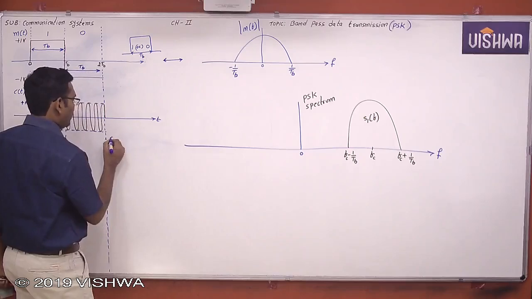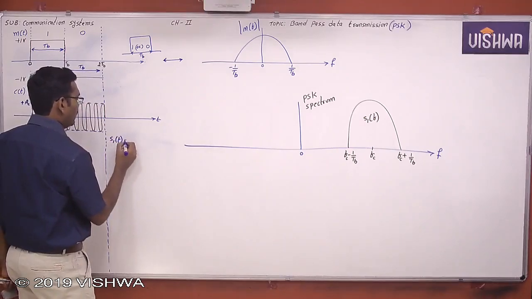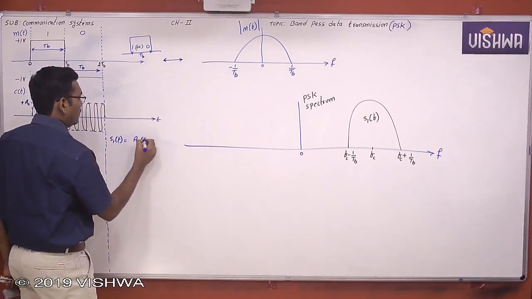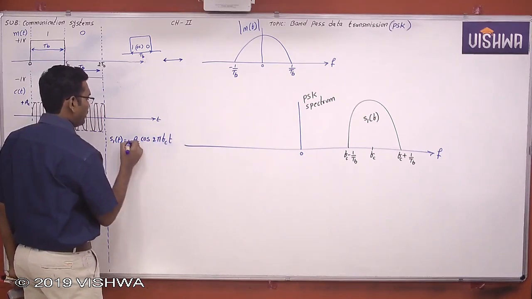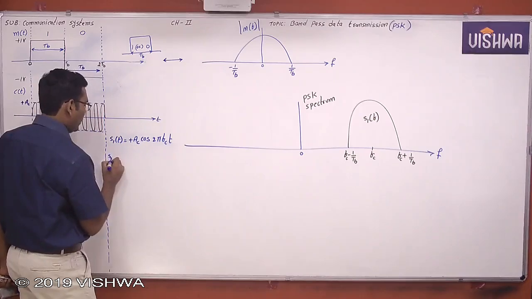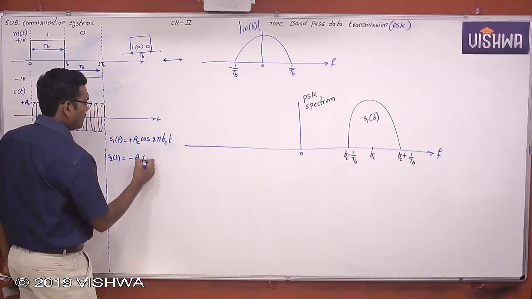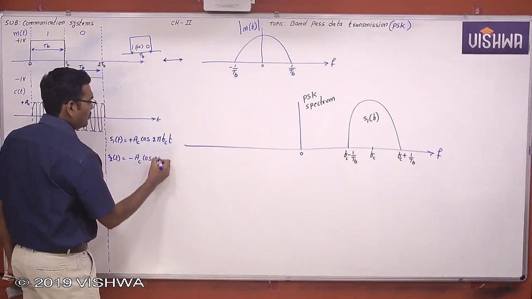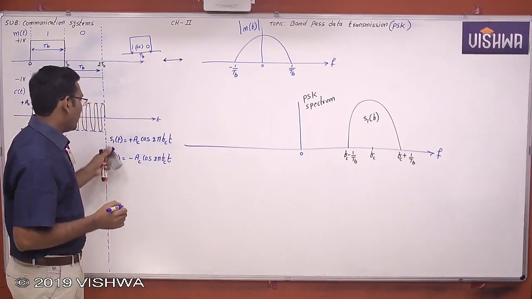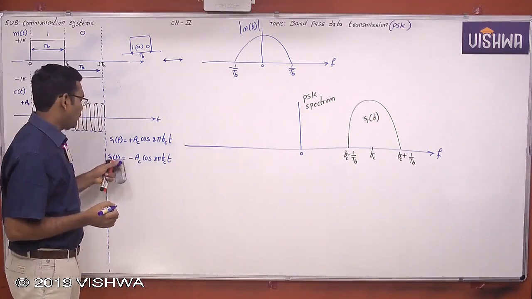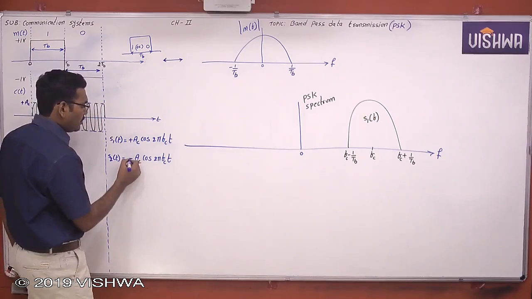What is S1 of t? S1 of t is AC cos 2 pi Fc t, this is plus. What is S2 of t? S2 of t is minus AC cos 2 pi Fc t.